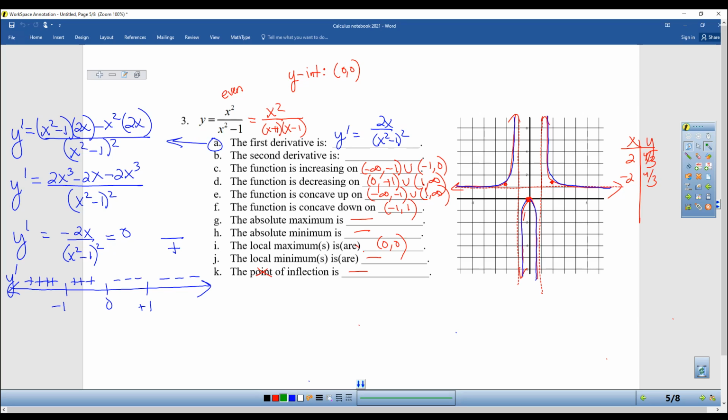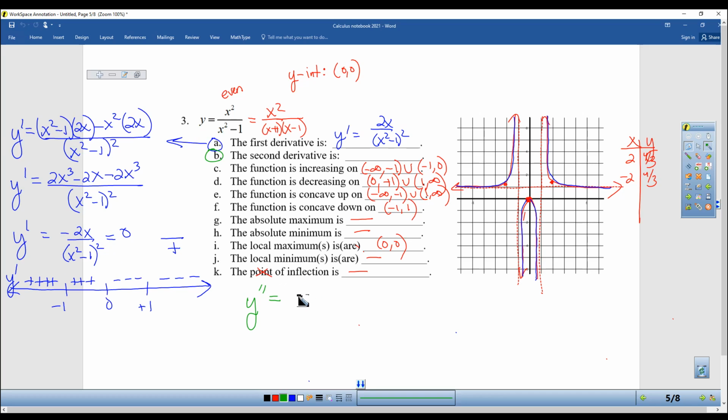pre-calculus. Okay, so unfortunately, it does ask for the second derivative, so you are going to have to find that. So this second derivative is pretty terrible, right? I have to start with that.